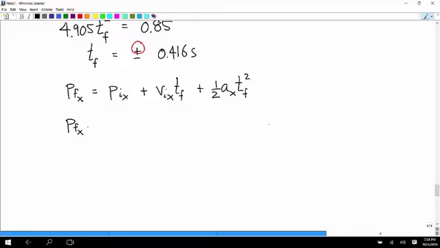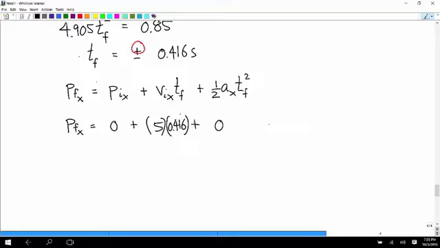So PFX is equal to 0 plus, what was VIX? 5, yep, times time final. What was AX? 0, yep. And so we just have, oh, and we calculated TF. That's the whole point. So 5 times 0.416.